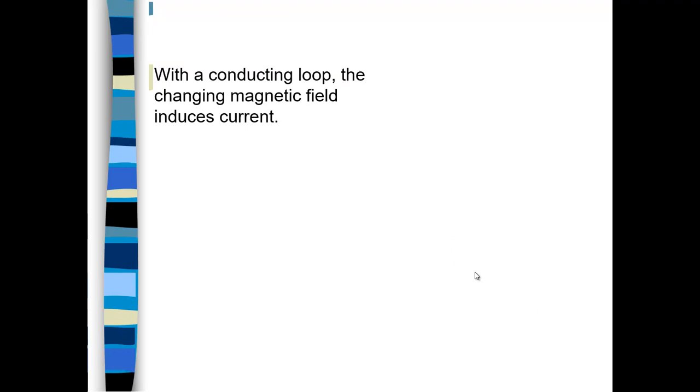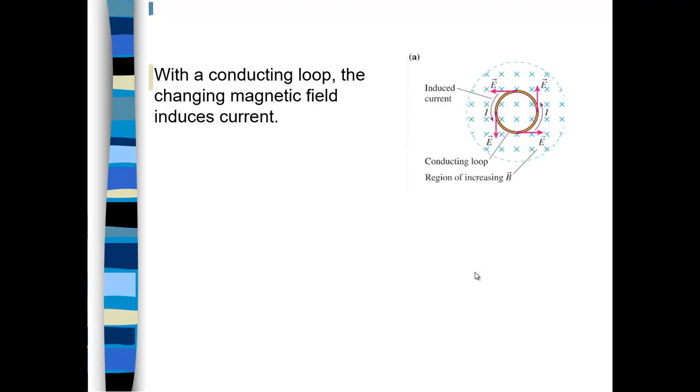When you have a conducting loop, your changing magnetic field will induce current. If the magnetic field is going into the page and it's increasing, then you would expect that the opposing magnetic field would come out of the page, and that would lead to the right-hand rule, which says the current would go counterclockwise.